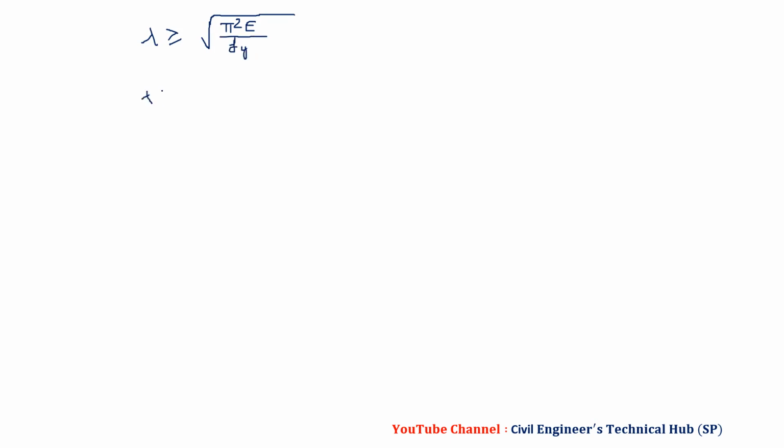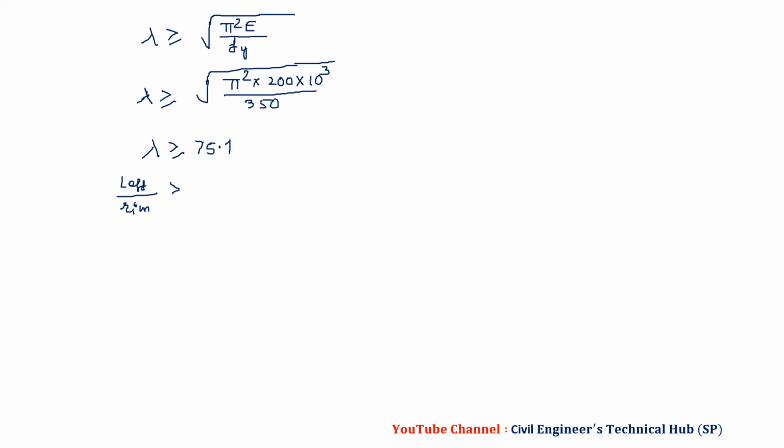Now lambda greater than or equal to root of pi square into 200 into 10 raised to 3, and Fy we have 350, which will give us the value lambda should be greater than or equal to 75.1.